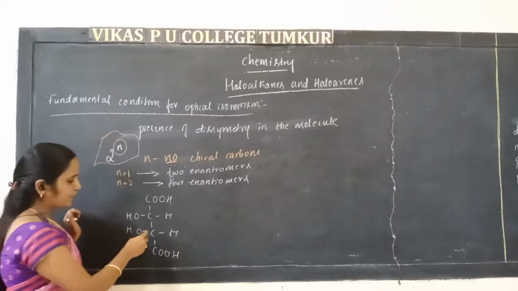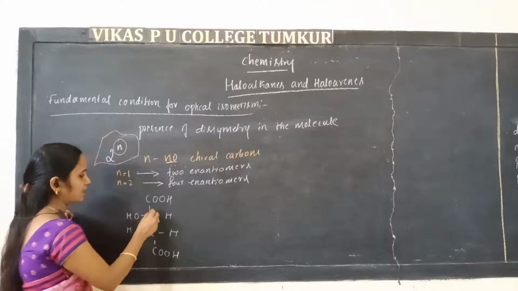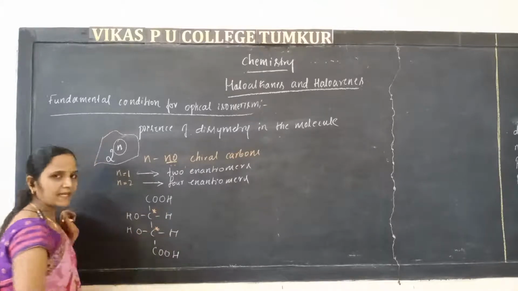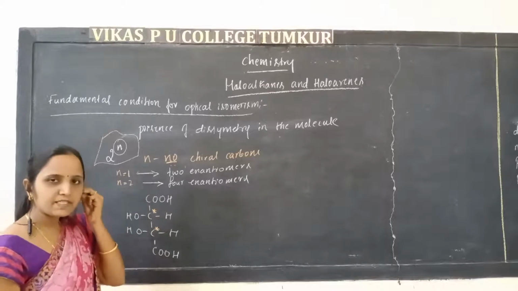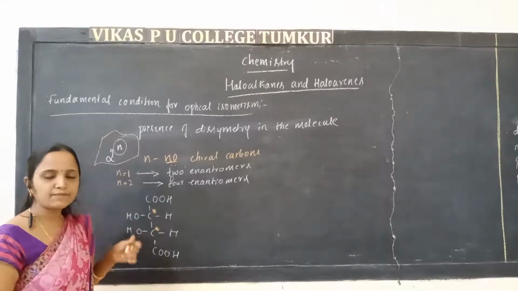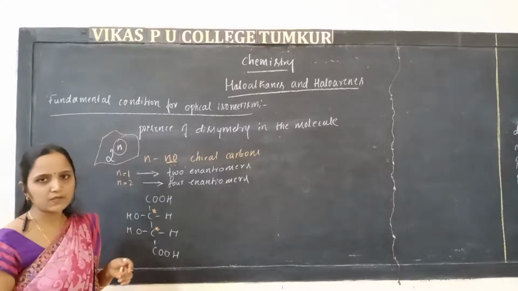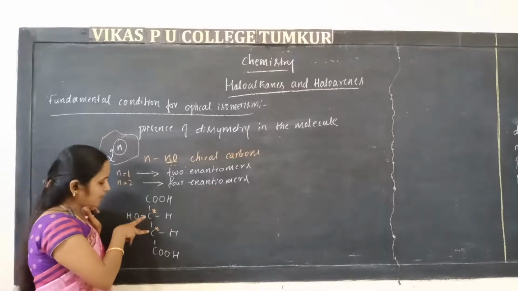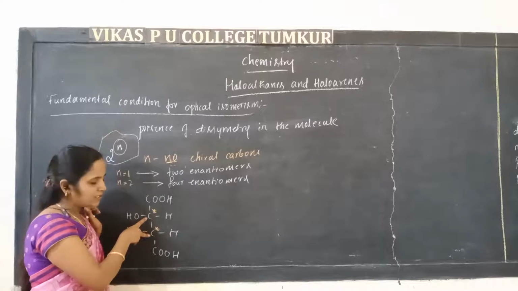This compound contains 2 chiral carbons. We know what is meant by a chiral carbon: a carbon which is surrounded by 4 different groups is called a chiral carbon. In this compound you can find the 2 chiral carbons.